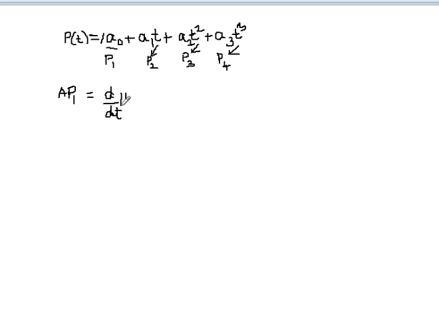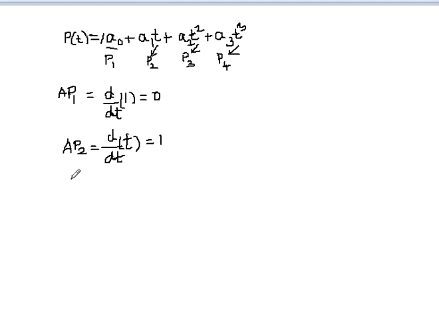When we differentiate 1, what do we get? 0. Then A p2 is d by dt of t, because our p2 is t, and d by dt of t is 1.